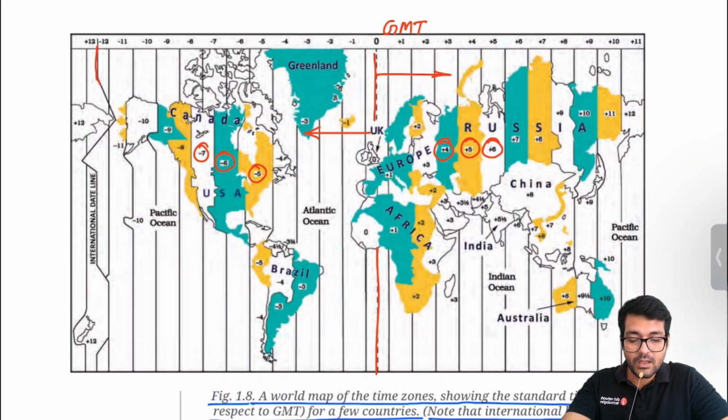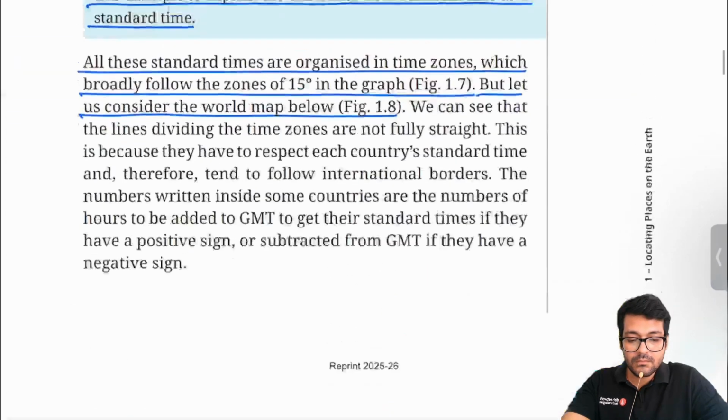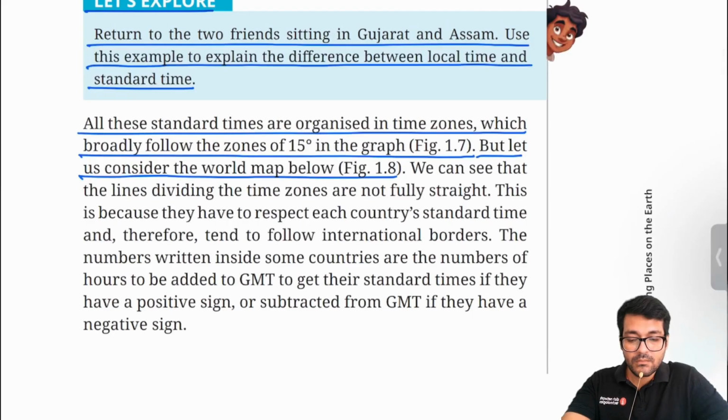You can see at approximately 180° longitude, there is a zigzag line known as the international date line. When you cross it, you have to change the date in your watch. We can see that the lines dividing the time zones are not fully straight.